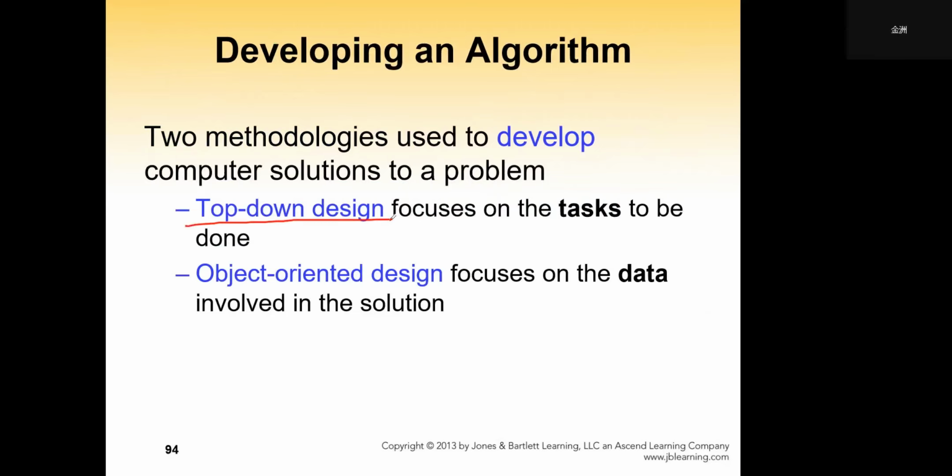First is the top-down design, which focuses on the tasks to be done, with programming languages like C. And we also talked about object-oriented design, which focuses on the data, on the objects. For example, programming languages such as C++ or Java.